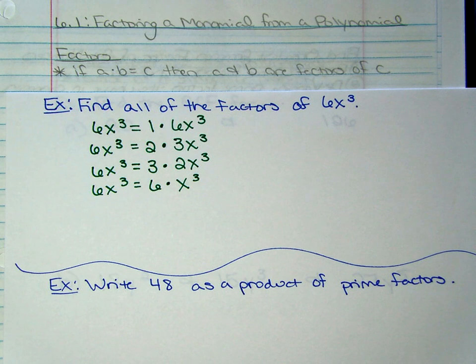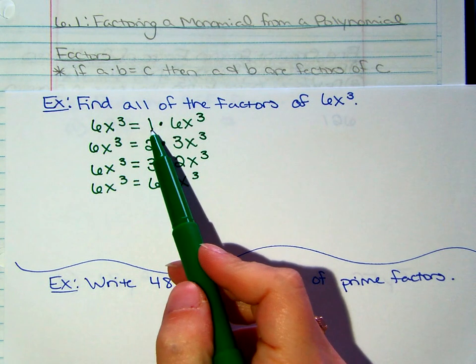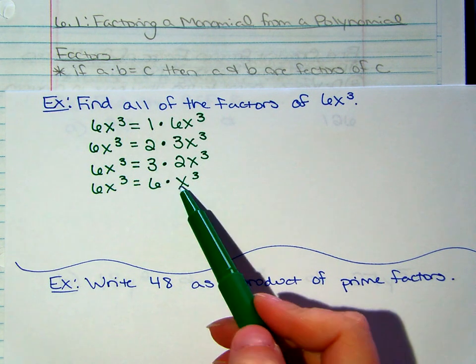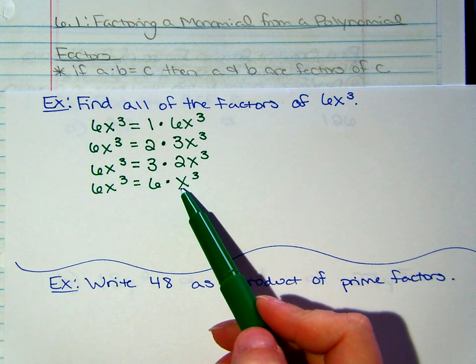Just traditionally, we don't usually include the 1 in front of a variable. It seems a little bit redundant. But here I have split apart my 6 into all of the different versions and factors that I can. I left my x to the third alone for right now. But each one of these pairings is a factor. So all of these are factors of the 6x to the third.